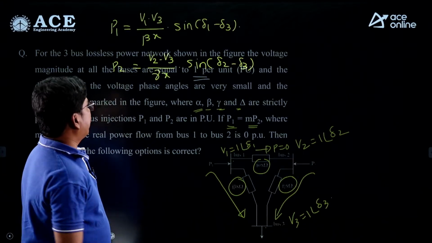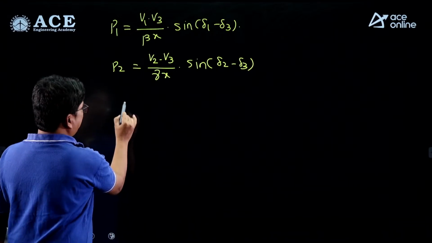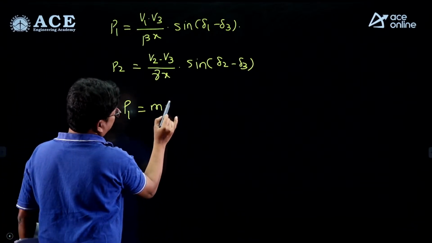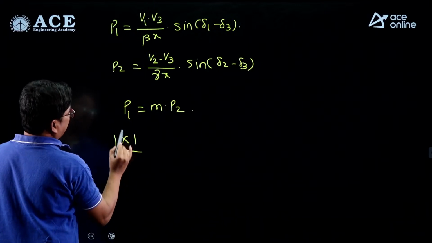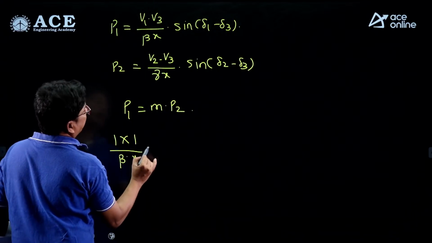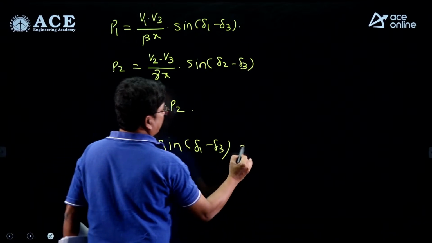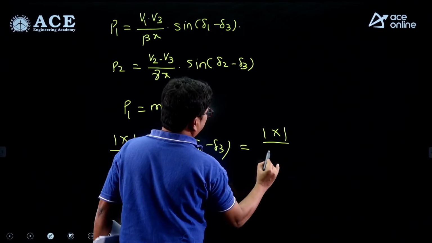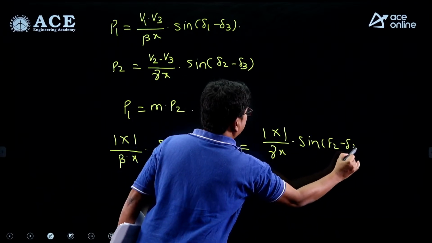They have given the relation P1 is m times P2. So 1 into 1 divided by beta x into sine of delta 1 minus delta 3 is equal to 1 into 1 divided by gamma x into sine of delta 2 minus delta 3.